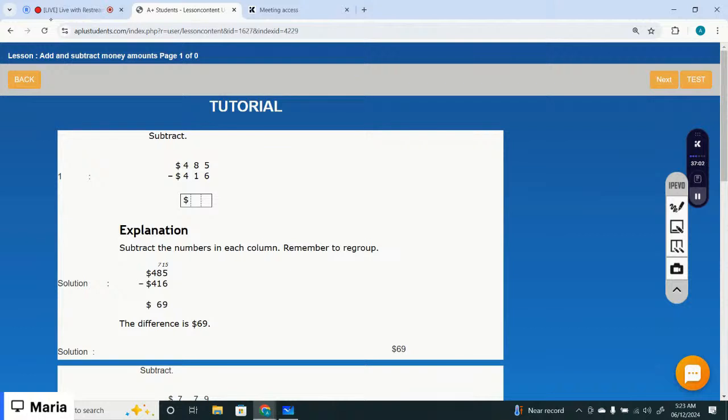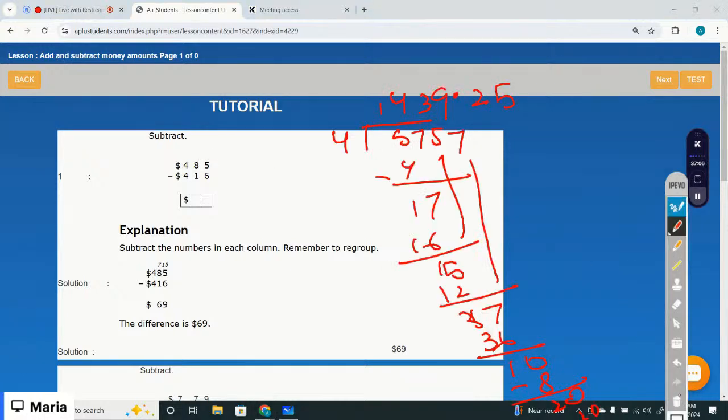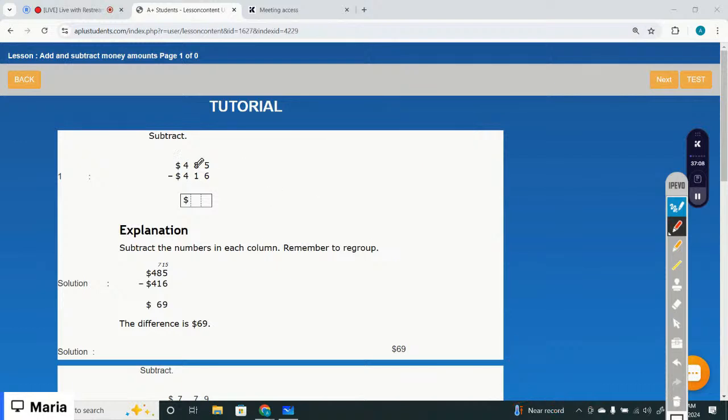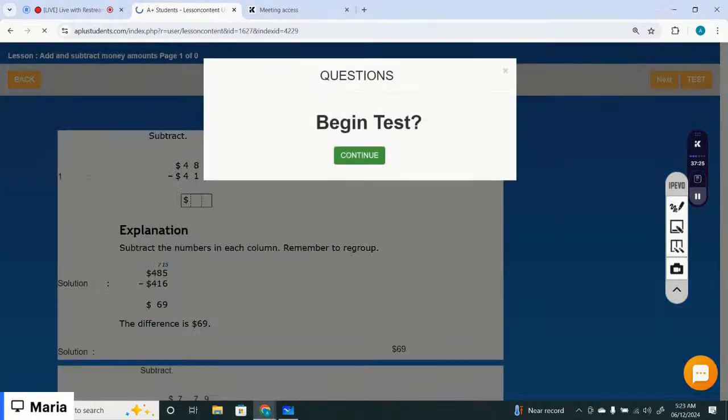You cannot subtract 5 out of 6, so that makes it 15. 7, 15. 15 minus 6 is 9. 7 minus 1 is 6 and 4 minus 4 is 0. So that is $69. The difference is $69. Let's just start with the test questions.